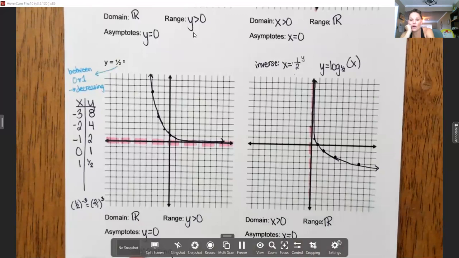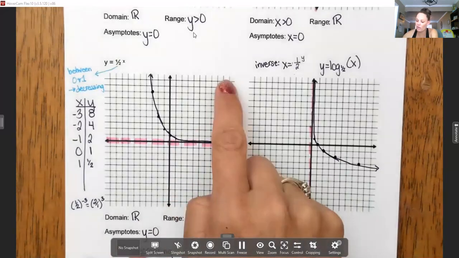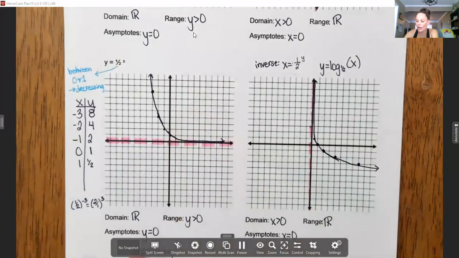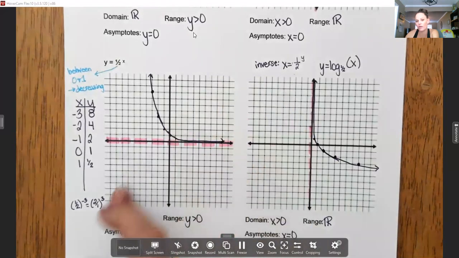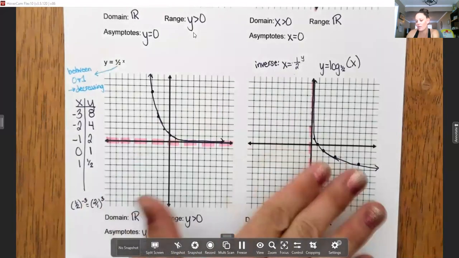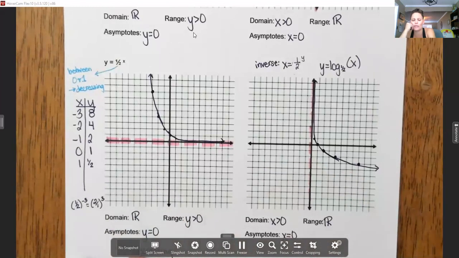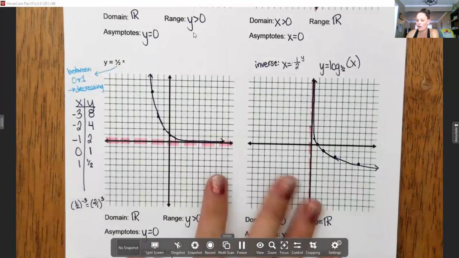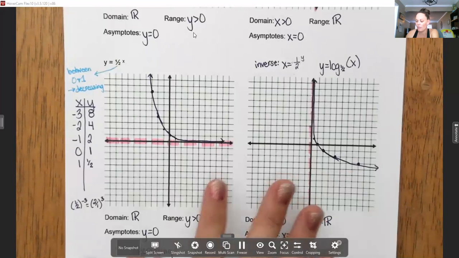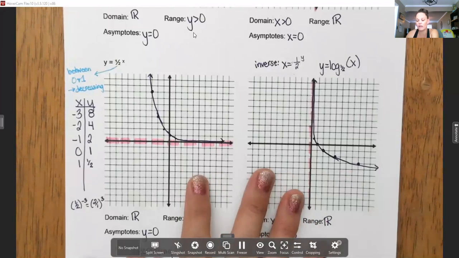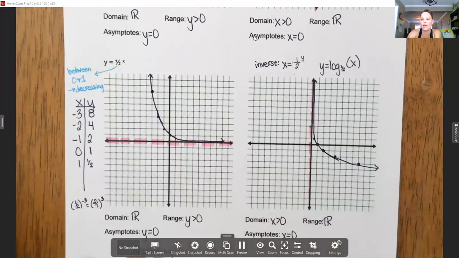And remember, with all of these graphs, if I folded it on this line y equals x, right down this diagonal line here, that's how it would reflect or mirror over that line. Some of them I think are harder to see, like these ones when it's decreasing, but it's that same idea that it flips over that line.